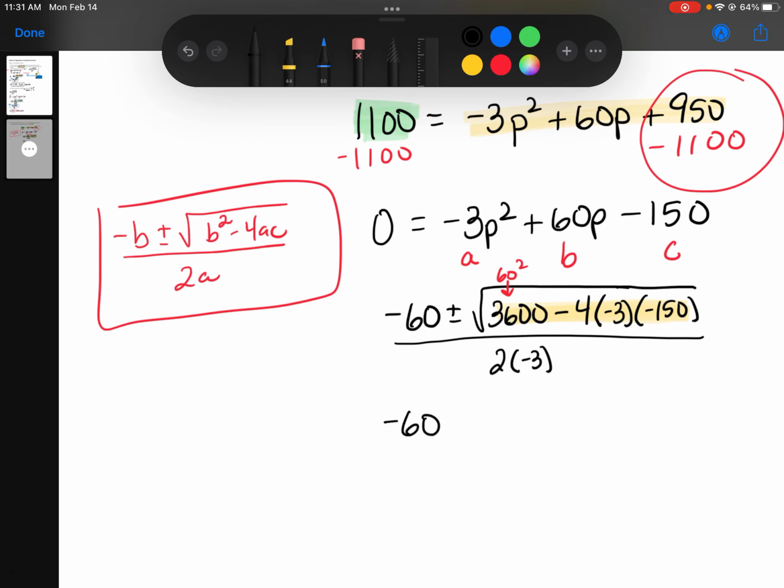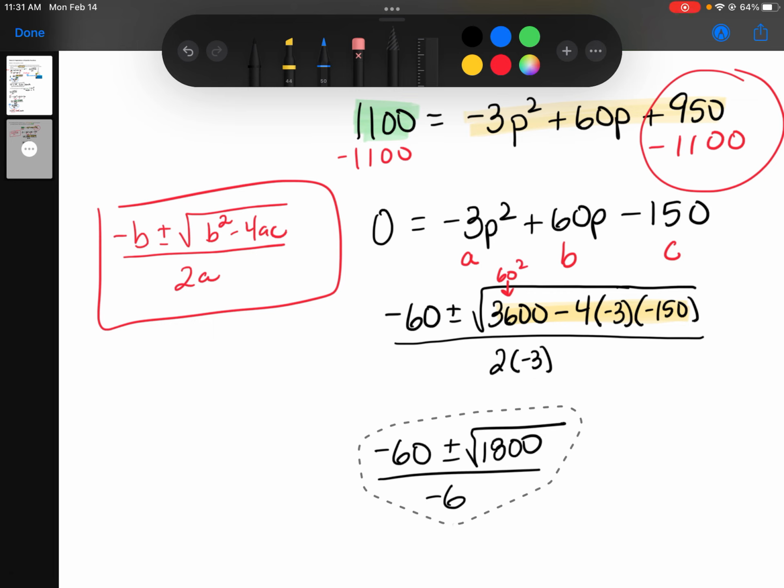So negative 60 plus or minus, and I do 3,600 minus 4 times negative 3 times negative 150. I get 1,800. And then 2 times negative 3 is negative 6. Let me just spread those out a little more.